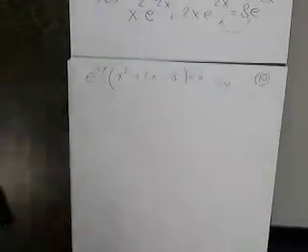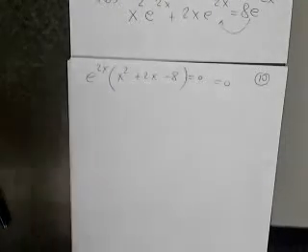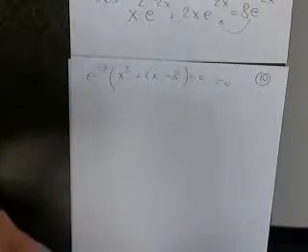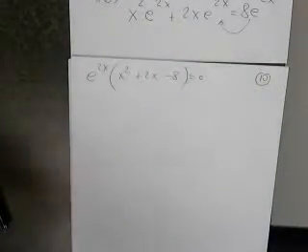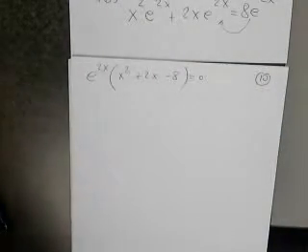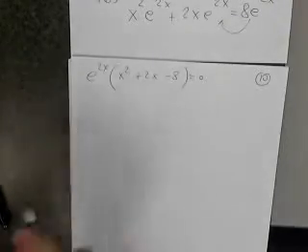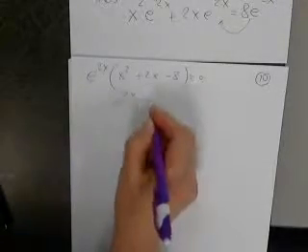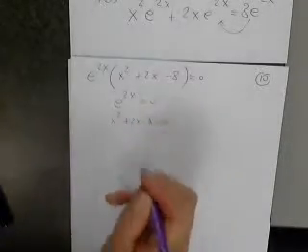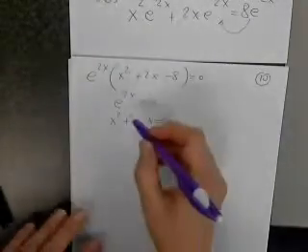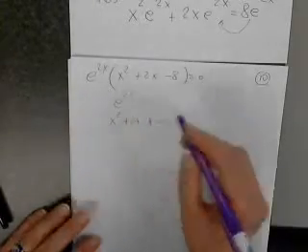So when a product of two factors is 0, there are two options. One option is that e to 2x is 0, right? The other option is that x squared plus 2x minus 8 is 0. But I want to graph e to 2x.